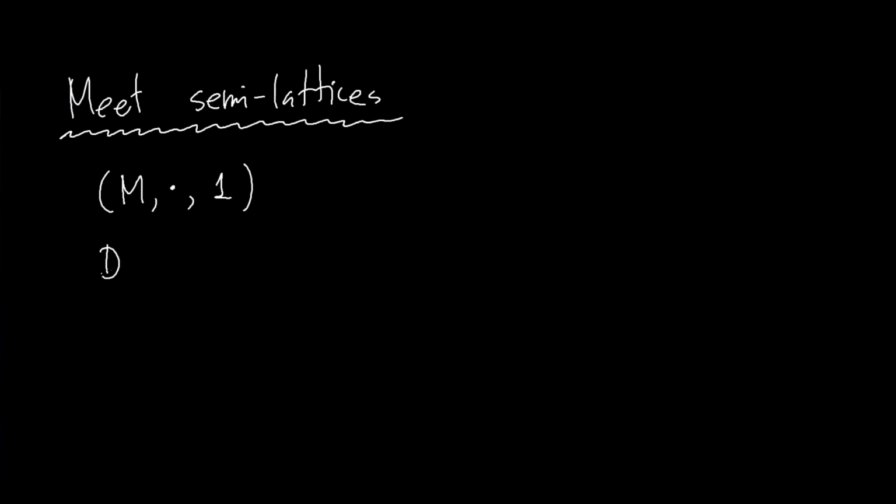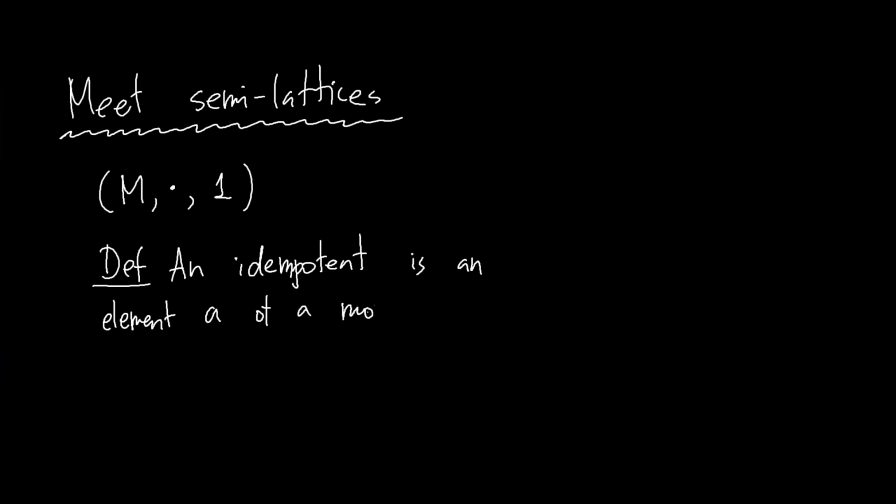Now, an idempotent is an element of a monoid that has the property that if you multiply that element by itself, so you consider A times A, you will get 1. Sorry, you will get A.